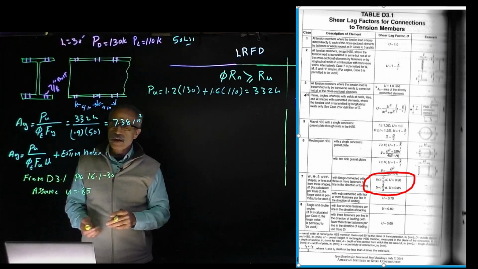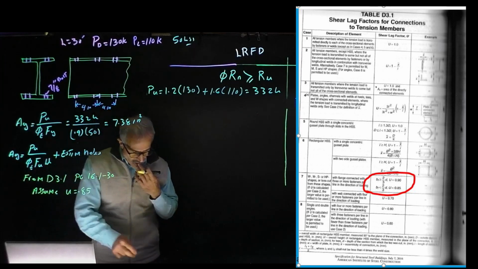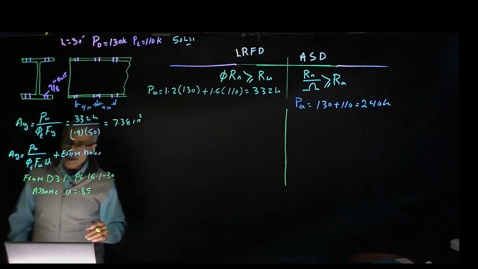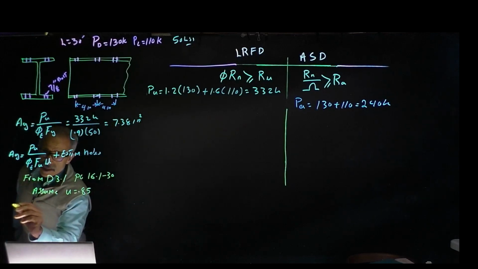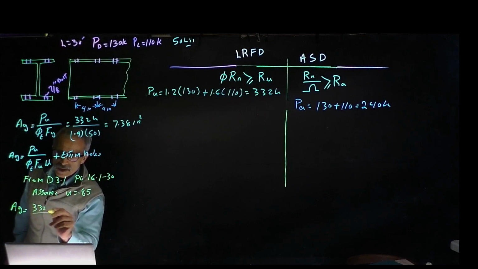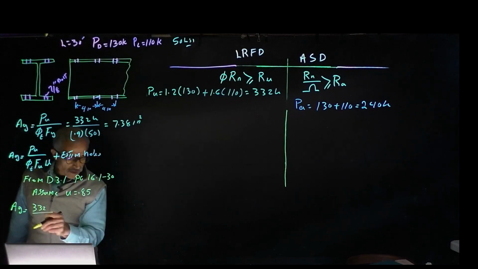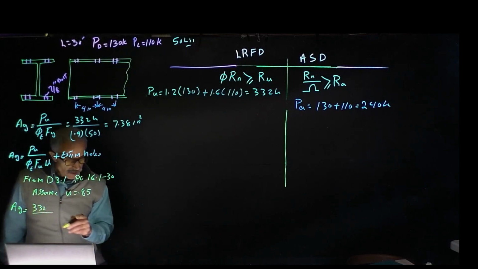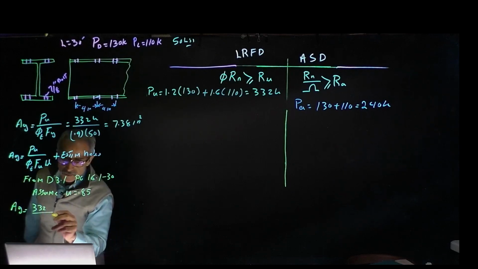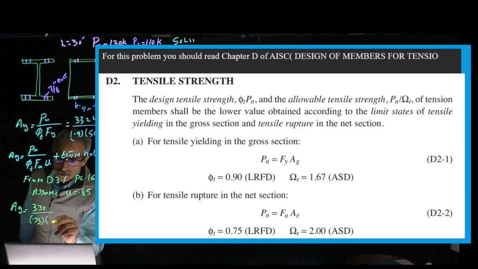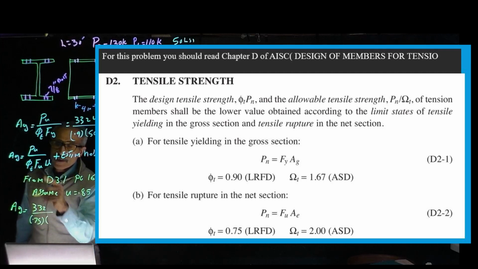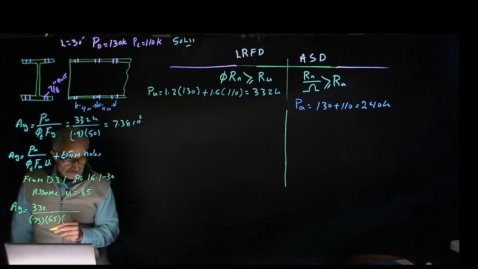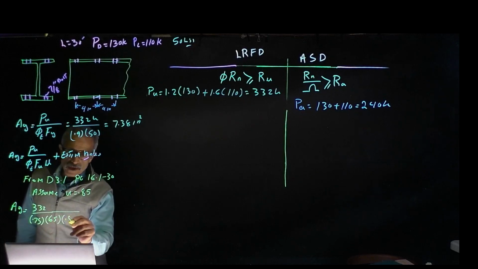So if we use 0.85 right there, then we're going to go back and plug into this formula. Ag is equal to Pu divided by phi t, which in this case is 0.75, multiplied by Fu, which is 65 ksi, and multiplied by U, which is 0.85.